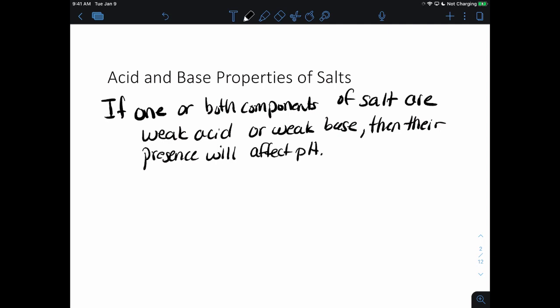So if you end up with a weak acid or a weak base, they can do a little side reaction with that water and maybe generate some acidic conditions or generate some basic conditions. So we're going to talk about how we can figure out what's going to happen here.